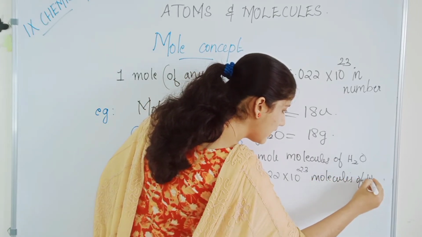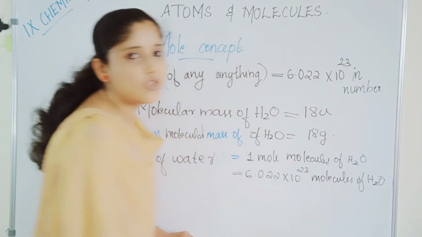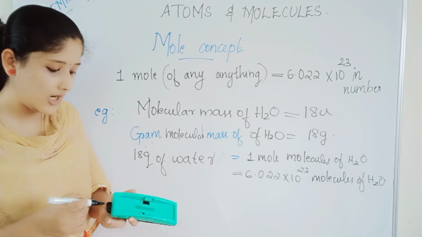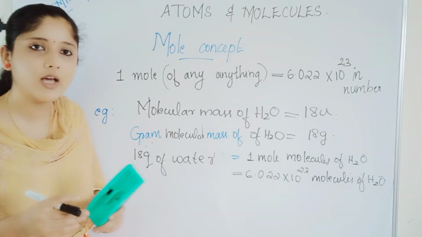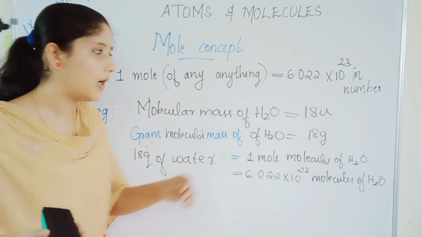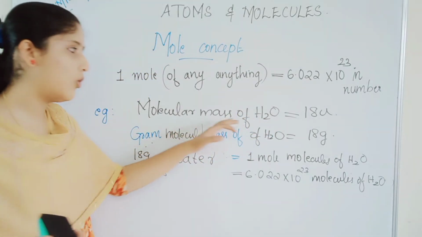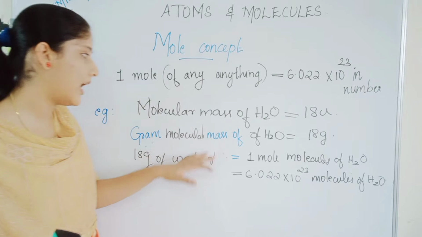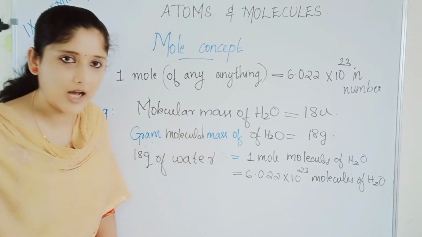We discussed oxygen, hydrogen and also the water molecule. For oxygen and hydrogen we calculated the atomic mass, but for water, it is the molecular mass. Water is 18 U, so gram molecular mass will be 18 gram.